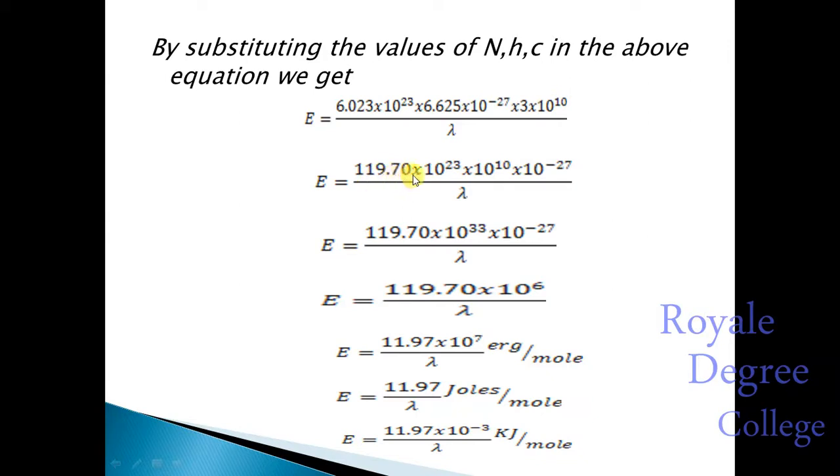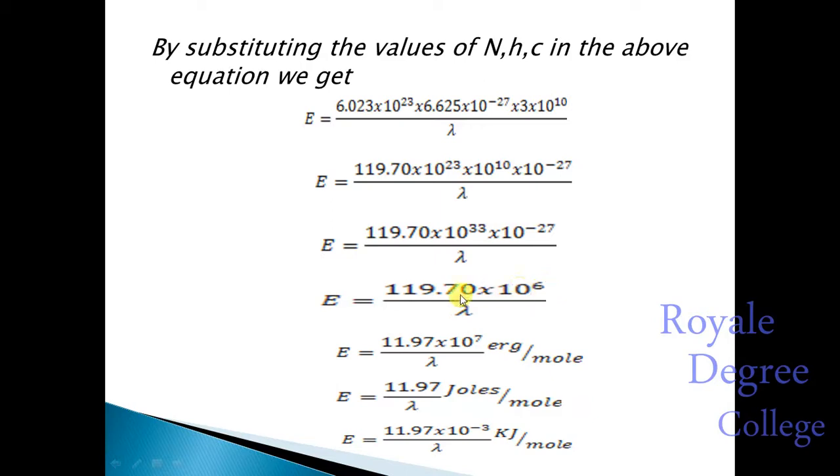So you will get 119.70 × 10^23 as it is, 10^10 as it is, and then 10^-27. Now 10^23 and 10^10, we add these, so we get 10^33. Rest of the values are as it is. Now 10^33 and 10^-27, we subtract, so we get 10^6.